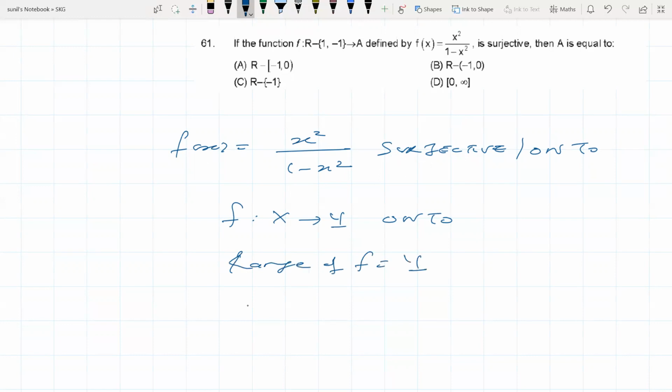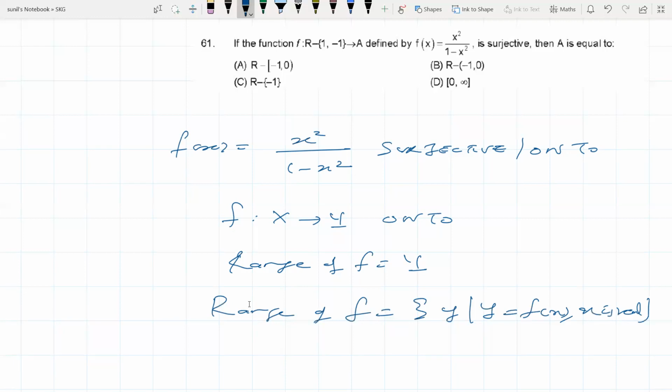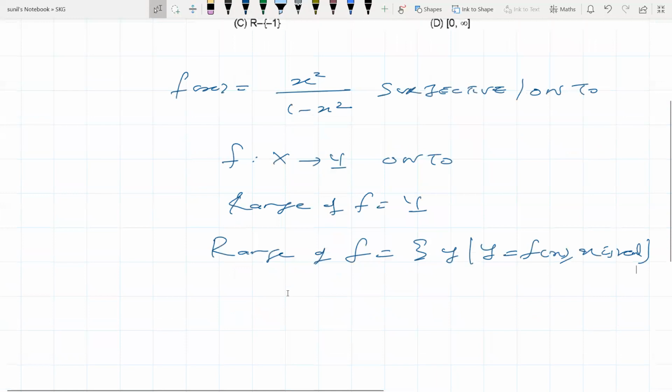So range means the collection of y such that y is connecting with some x, and that x is also real. So we want to check the value of y for which that x is real. That's the concept.